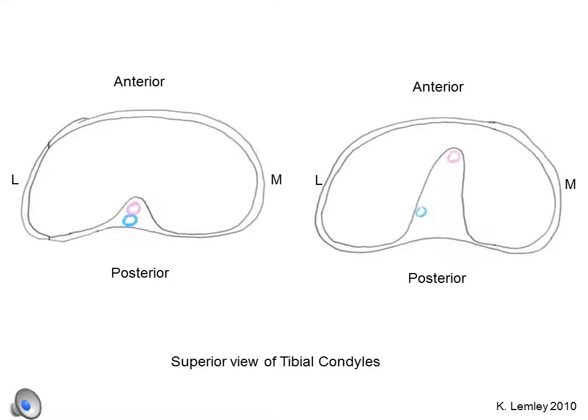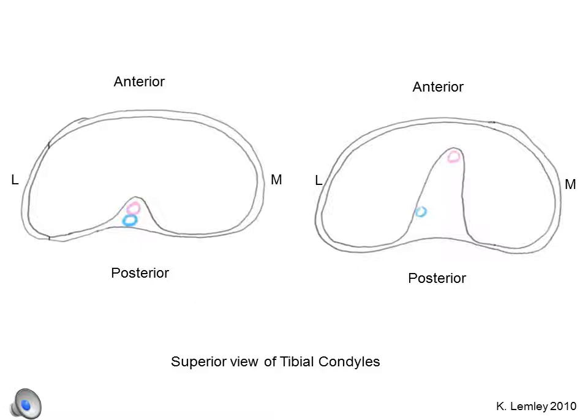This slide depicts the development of the ACL and the PCL as the intercondylar eminence is developing. On the left-hand side, you have a superior view of the tibial condyles with the ACL depicted in red and the PCL depicted in blue. Initially, these two ligaments are close together on the posterior aspect.